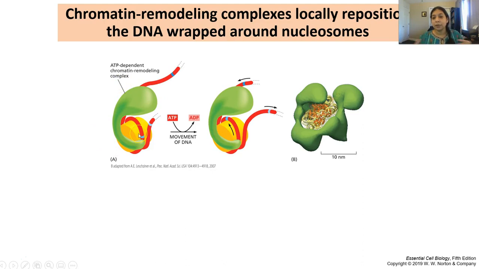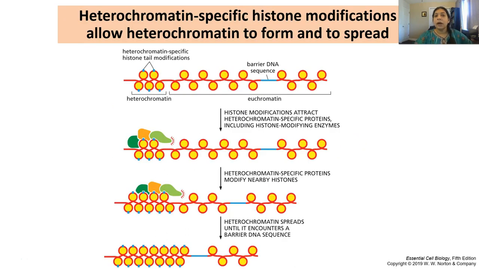So these remodeling proteins come together to interact with the histone DNA complex, and they allow it to open up or to wrap up even more. This is an ATP-dependent process, and it moves the DNA along to either unravel it or to tightly bind it to those histone complexes with the help of these chromatin remodeling proteins.